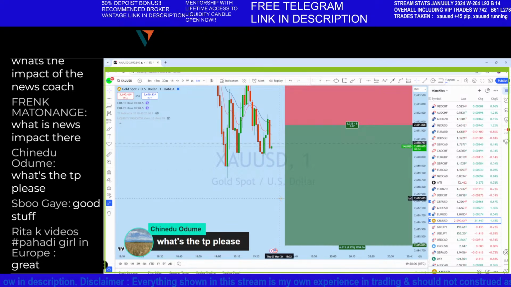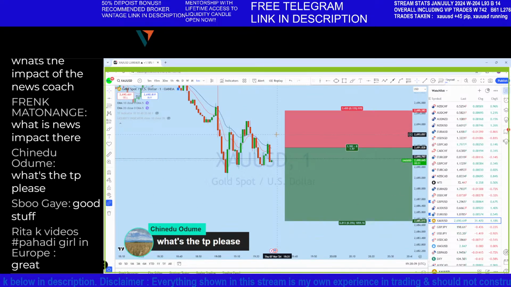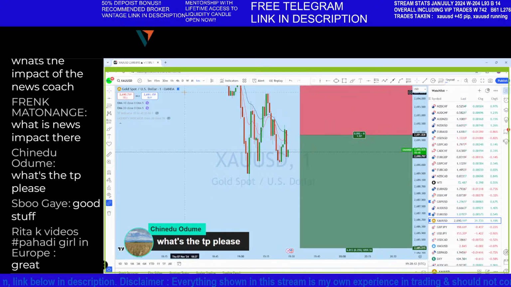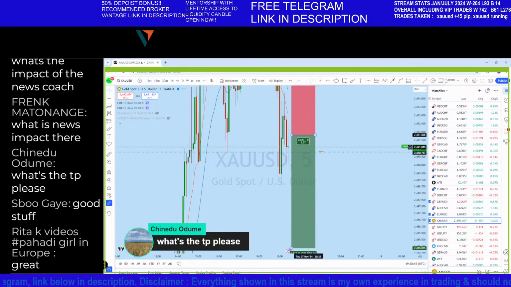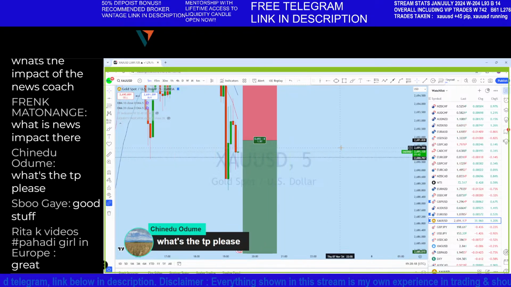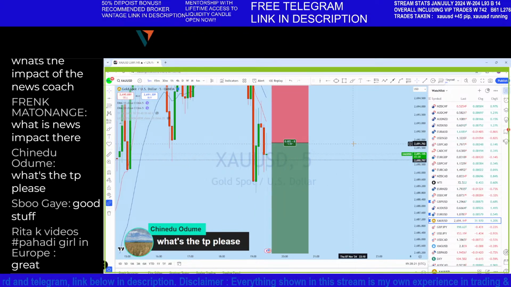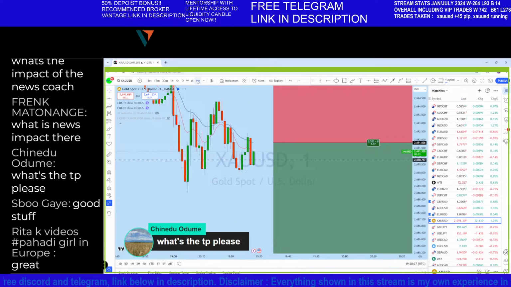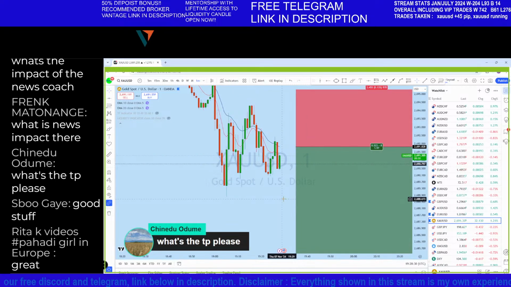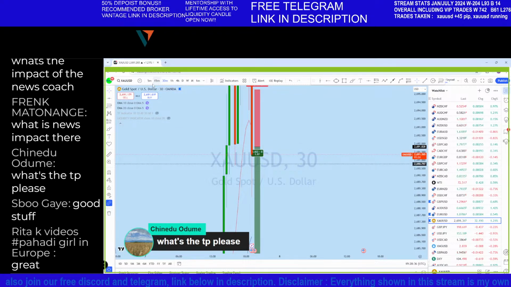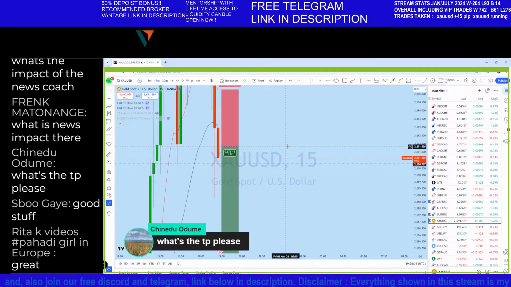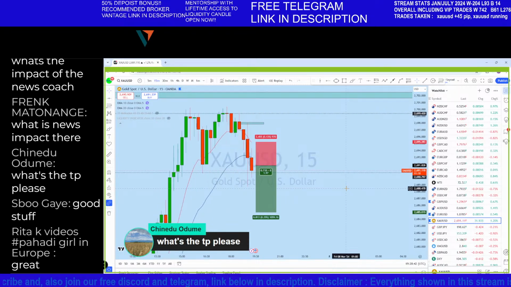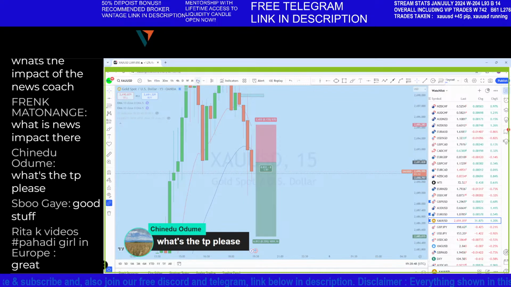Here we can see it's breaking in that direction. The market grabbing liquidity, it's slowly breaking below.